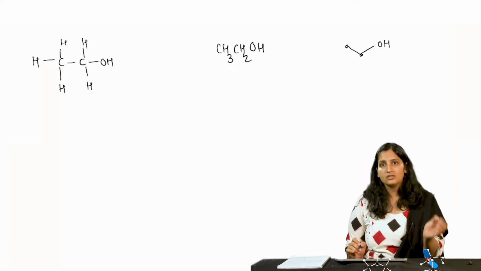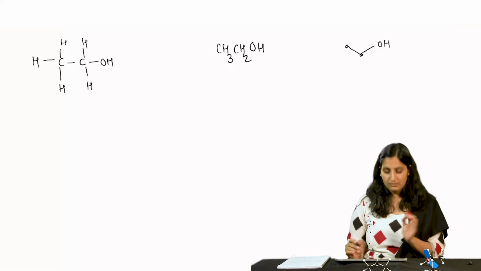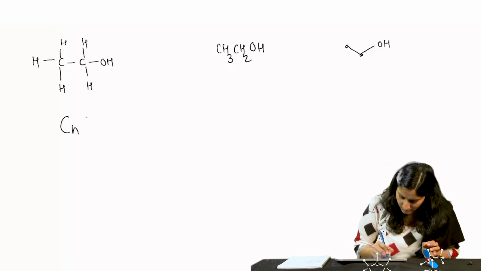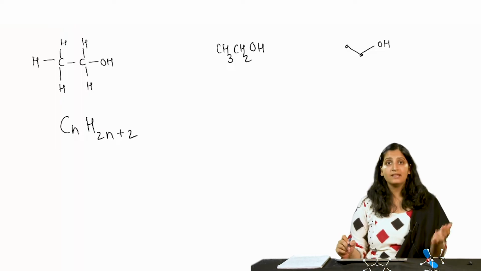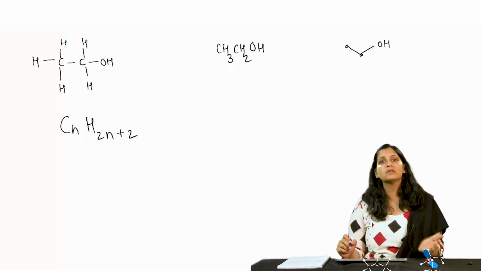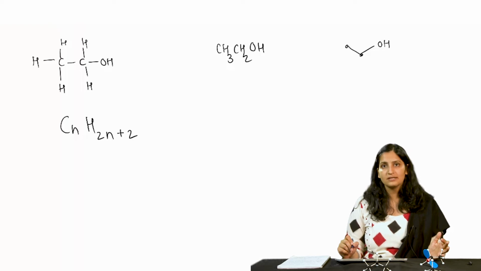Alkanes have a general formula of CnH2n+2, meaning for every n number of carbons there are 2n+2 hydrogens present in the molecule.